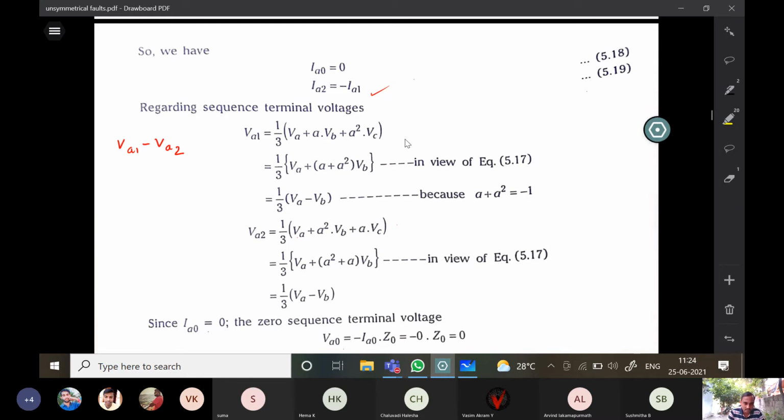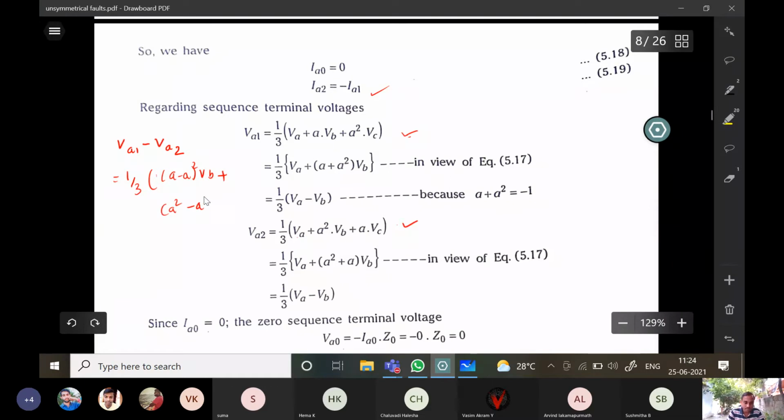This equation and this equation, VA1 minus VA2 can be written as 1 by 3 times of A minus A square into VB plus A square minus A into VC. Therefore this can be written as 1 by 3 times of A minus A square into VB minus VC.